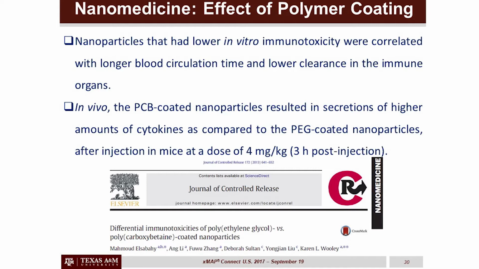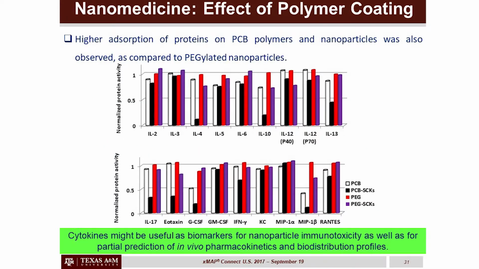The nanoparticles that had the higher in vitro immunotoxicity were correlated with longer blood circulation and lower clearance in the immune organ. Again, also in vivo, the PCB-coated nanoparticles resulted in secretion of a higher amount of the tested cytokines. And the same nanoparticles induced the absorption of different proteins to a greater extent than the polyethylene glycol.